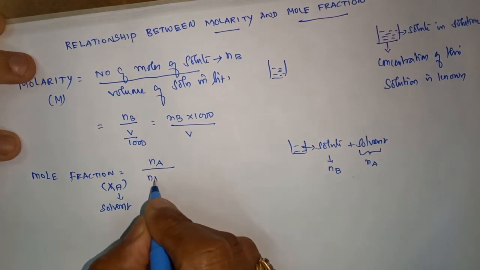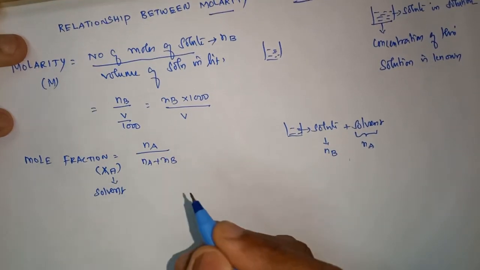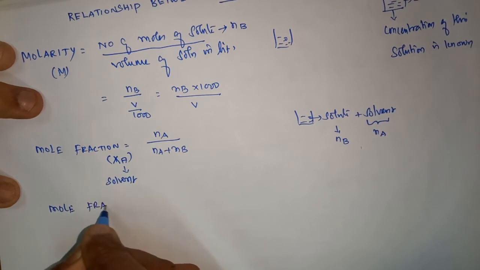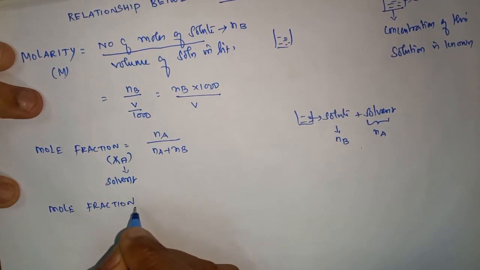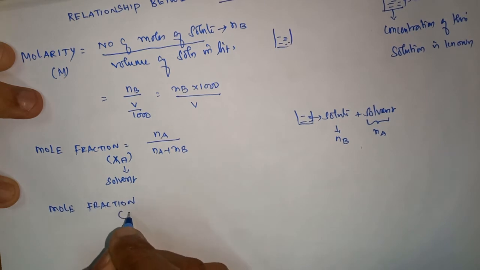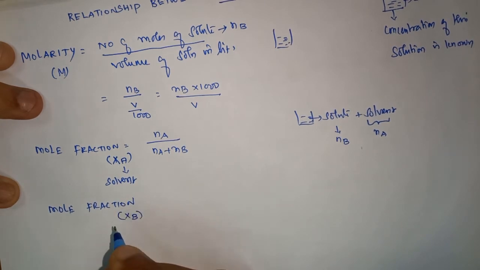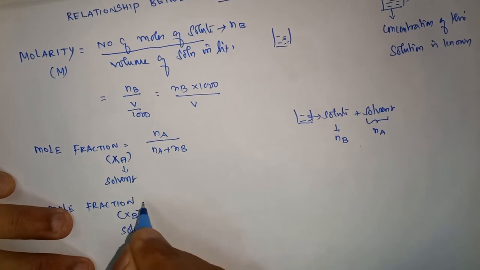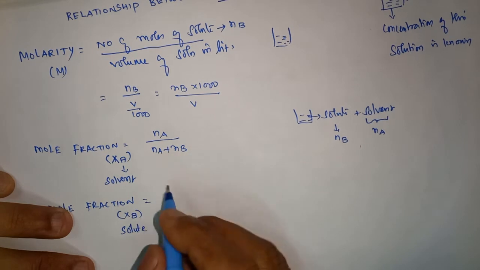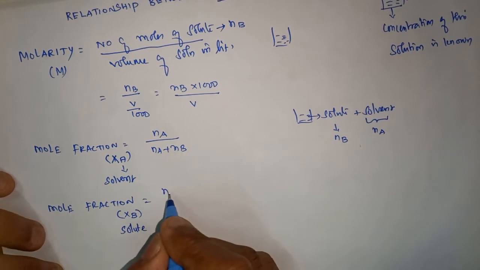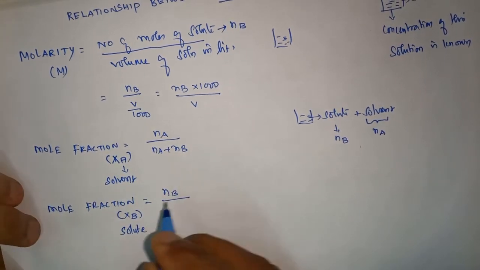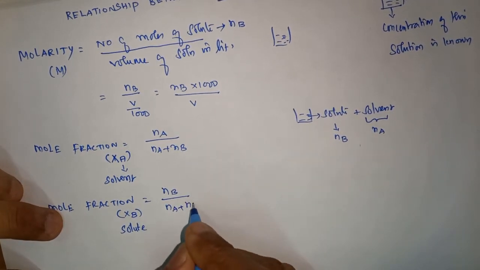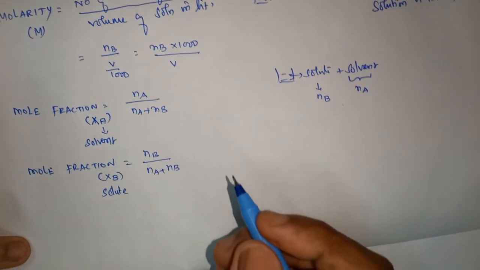So n_A plus n_B. Then the mole fraction of solute, X_B, is the number of moles of solute divided by the total number of moles of solution, n_A plus n_B.